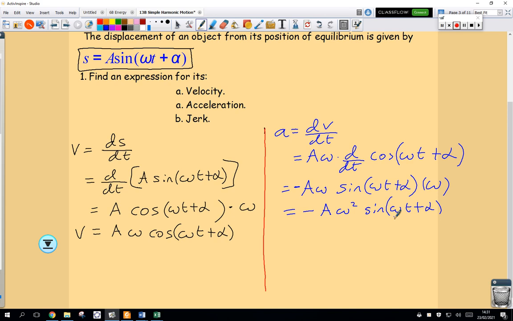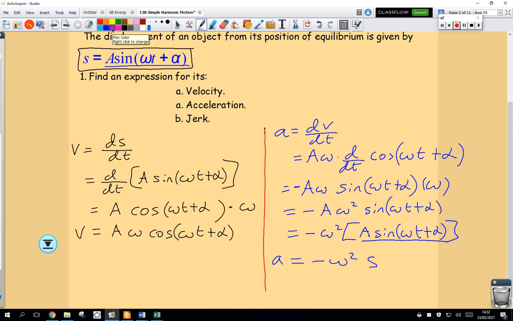One thing to note: if I factor out a negative omega squared, that's going to multiply by a sine of omega t plus alpha. And that quantity inside the bracket is precisely my displacement function. So that's negative omega squared multiplied by s.